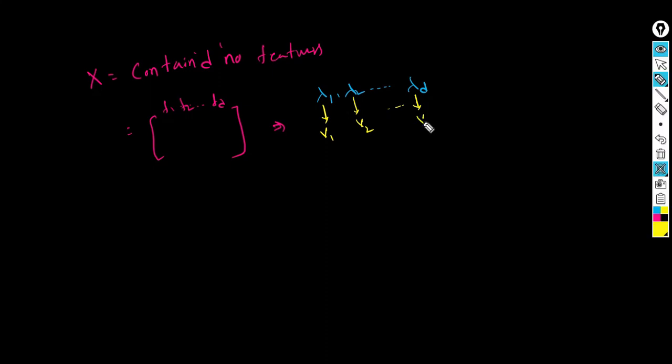Suppose lambda 1 is greater than lambda 2, greater than lambda 3, greater than lambda d. For every eigenvalue we get the eigenvectors v1, v2, v3, vd.